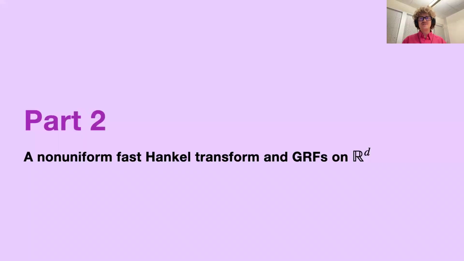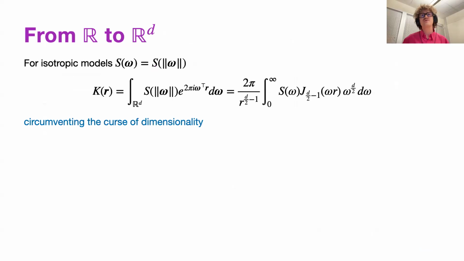Okay, so now let's move on and think about how we can use similar ideas for data in higher dimensions. Okay, so we'll note that if your spectral model is not just stationary, but also isotropic, meaning that it depends only on the norm of this vector omega of frequencies in d-dimensional space, then you can actually analytically integrate out all of the angular variables in your Fourier transform to move from a d-dimensional Fourier transform to a single dimensional integral whose kernel is now the Bessel function.